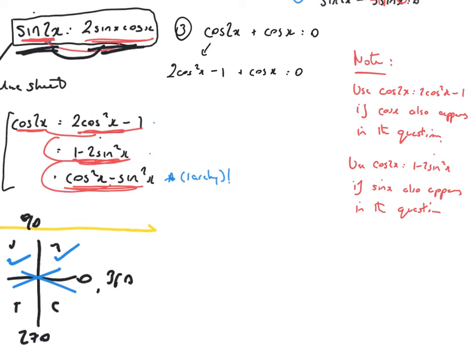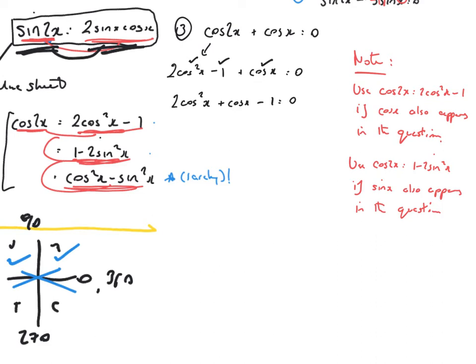Okay. Now, I'm going to put this in just what I would describe as a slightly more suitable order. 2 cos squared x plus cos x minus 1 is equal to 0.